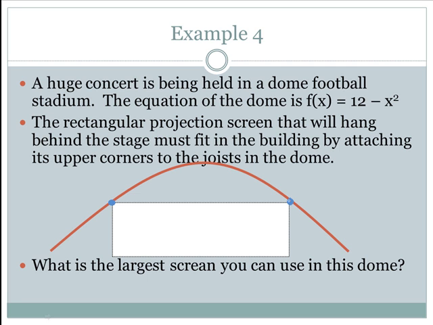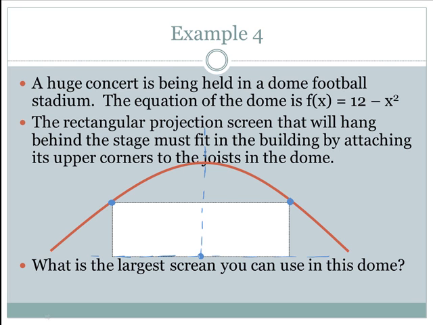Alright? Now, in order to do what we do, we pretty much need an x and a y axis. We have 12 minus x squared. Well, what we need to do then is drop our axis, or cut this in half, and use this point right here as our center point.